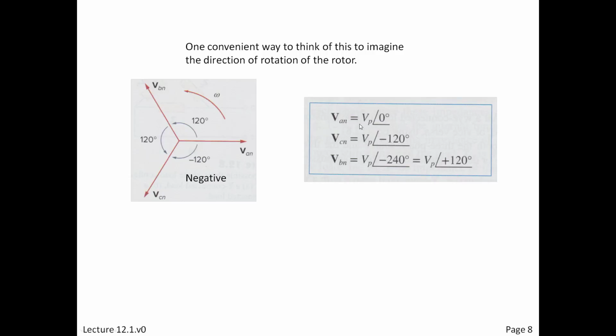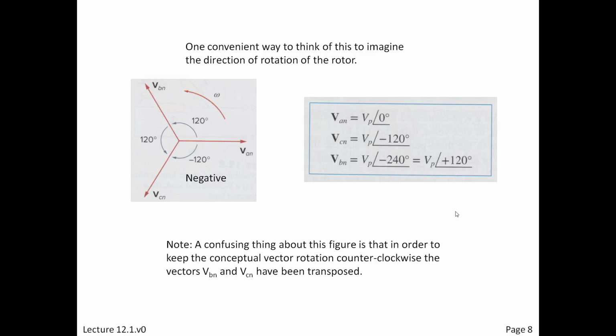All right, and so here they are relabeled. In fact, CN is now minus 120, and BN is plus 120. Even though it's plus, it doesn't mean it's next in line. It means it's already passed. Okay? So, a confusing thing about this figure, just as a final statement before I leave it, is that in order to keep the conceptual vector rotation counterclockwise, you just transpose the B and C vectors.